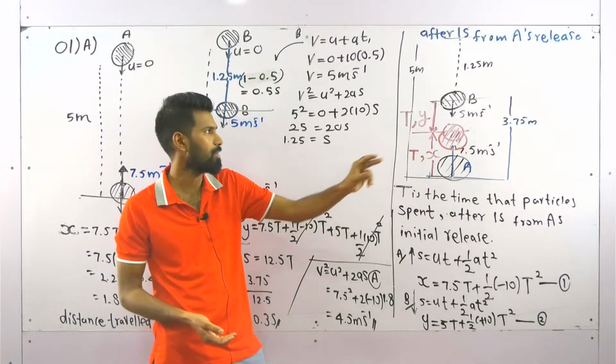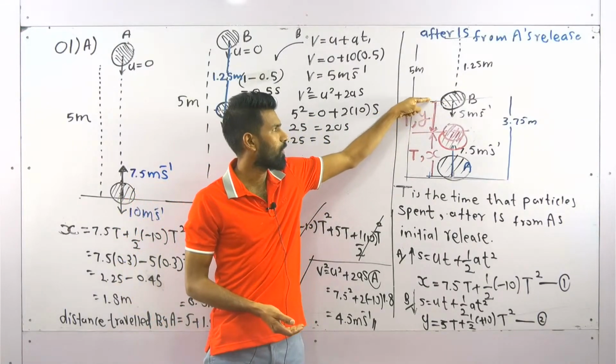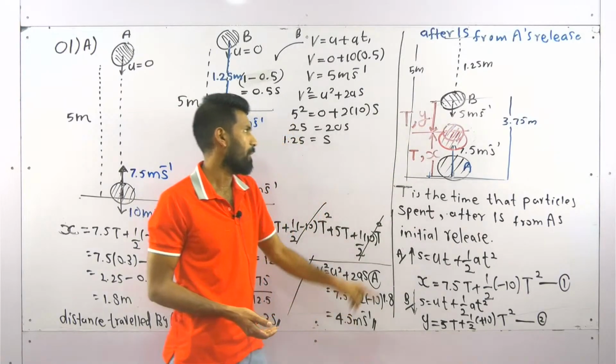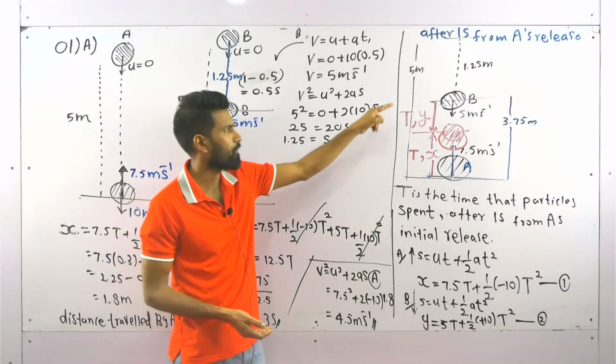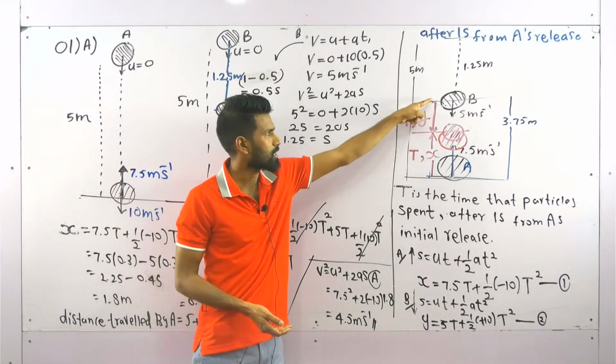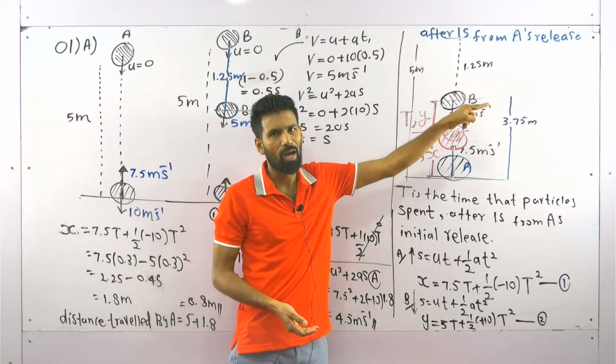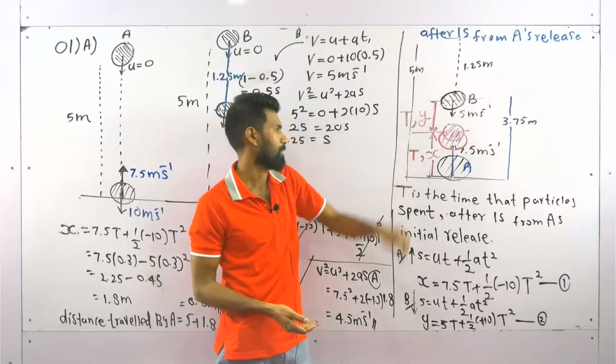Meantime, in that same time period, B will move another distance y downward and will collide with A. Applying s equals ut plus half at square for B, s is equal to y, initial velocity 5, so 5T plus half times 10 T square.